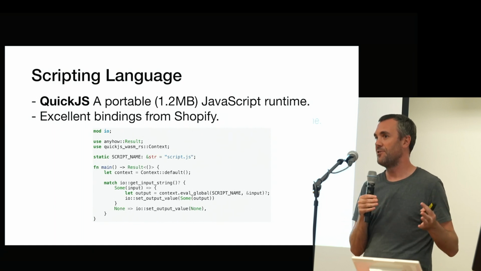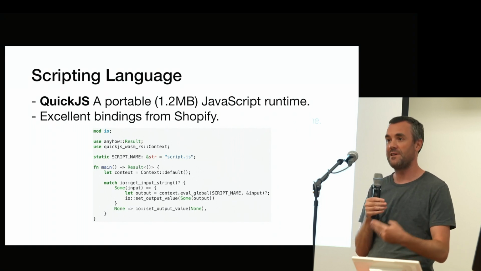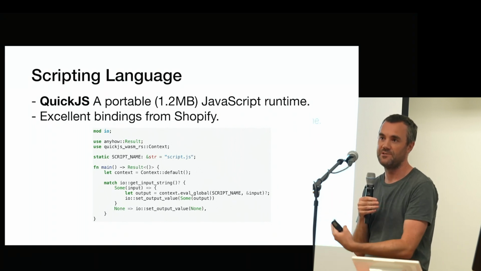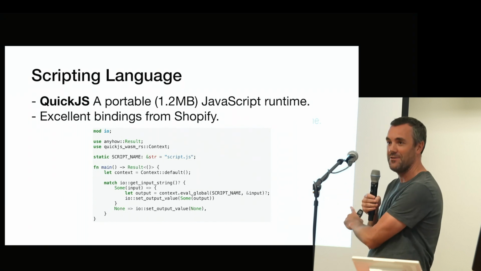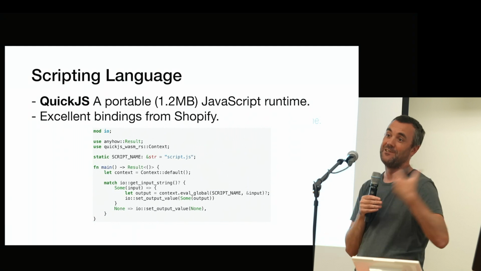There's actually a hard-coded limit in Wasmtime of 10,000 executions before it says no, because they haven't implemented a whole lot of garbage collection and all sorts of stuff. So that code there is pretty much what it's doing: get string, run string, get result, ship it back.